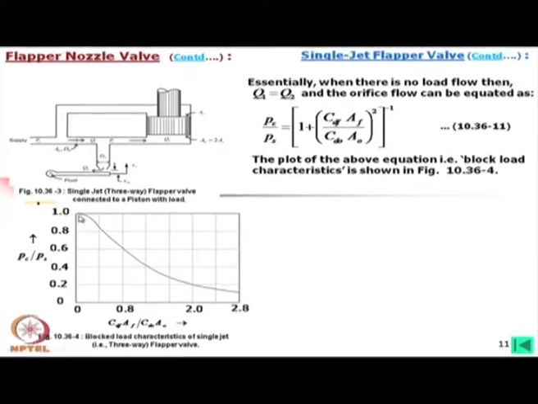In that condition, what we will find is that P_c is equal to P_s. This is 1. Now, in the extreme case we have considered, 2.8, of course this is the ratio.